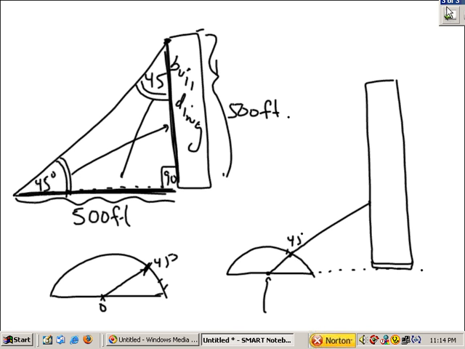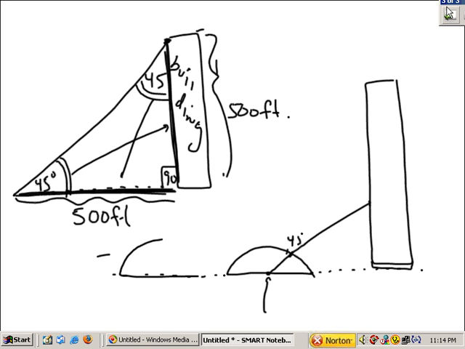And you say, nope, that's not the top of the building. And so you move it a little bit further away. Again, here's the ground. You move it a little bit further away. Here is 45 degrees right here, or right here if you prefer.